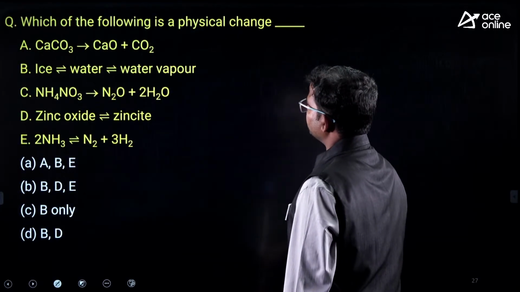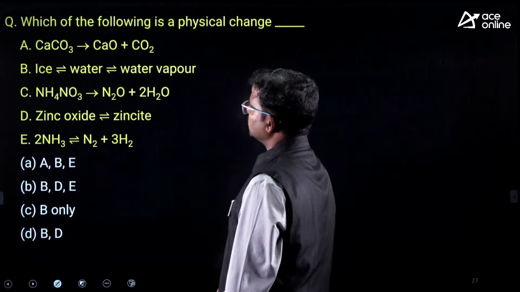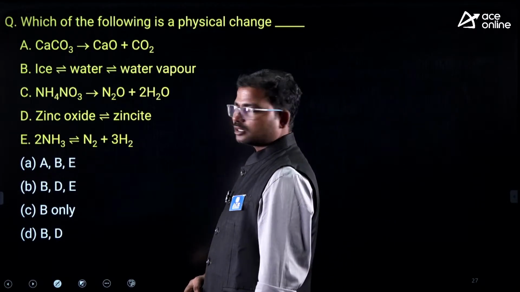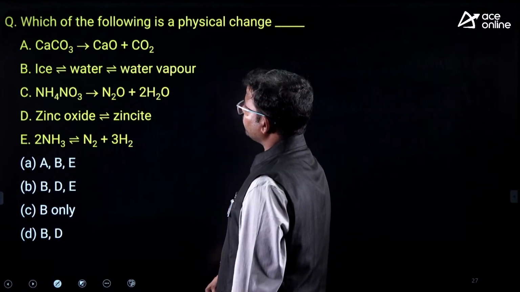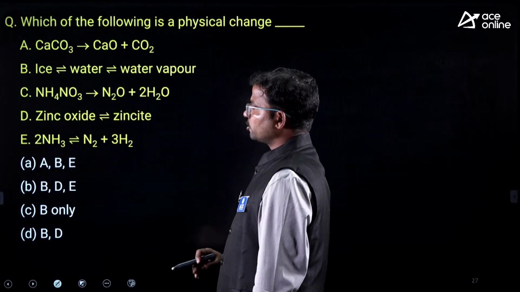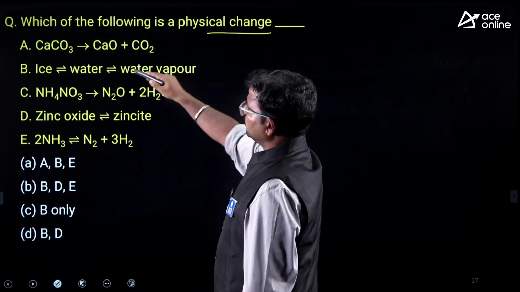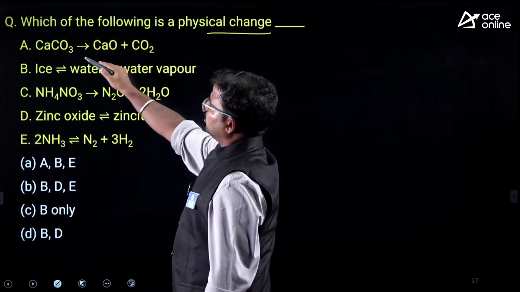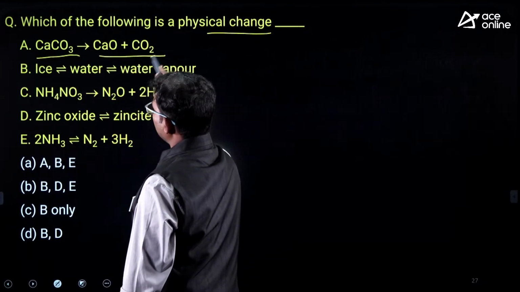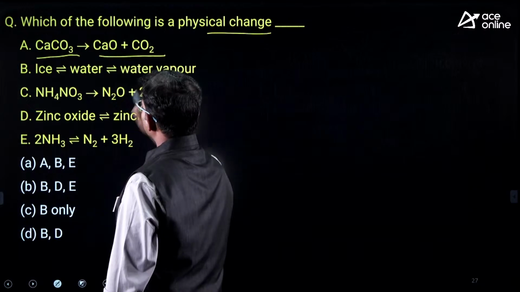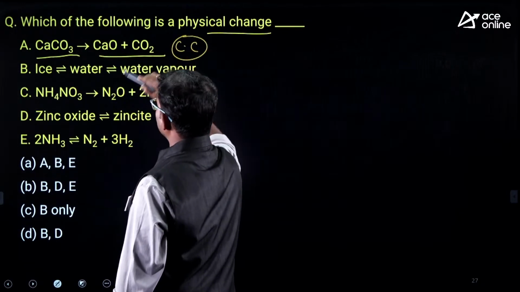Which of the following is a physical change? Physical change means chemical formula should not be varied. It should be the same, then only it would be considered a physical change. But here, left side components and right side components are not the same. That's why this is a chemical change, not a physical one.